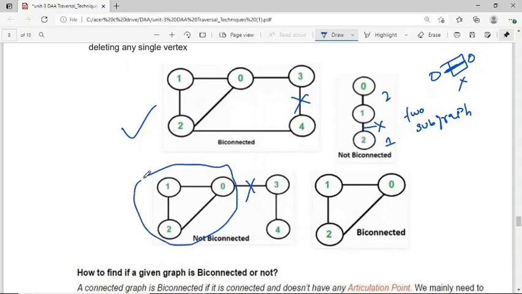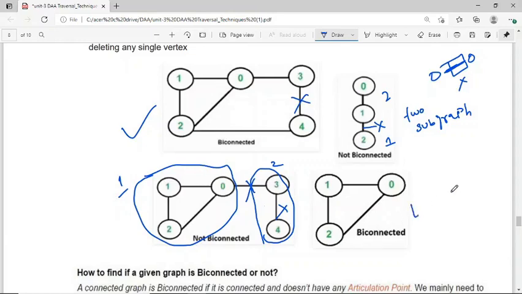This will become 1 and this will become a second, 1 and 2. So here it is dividing into two subgroups. So that means it is not a biconnected graph. And here, if I remove this example, this is also not a biconnected graph. So I hope you understand biconnected.